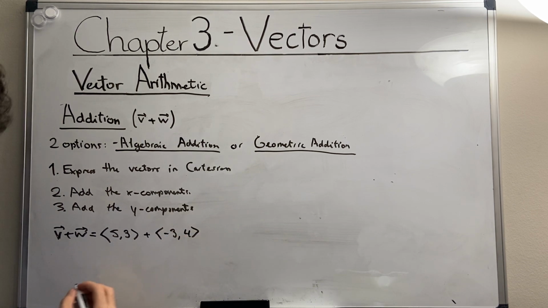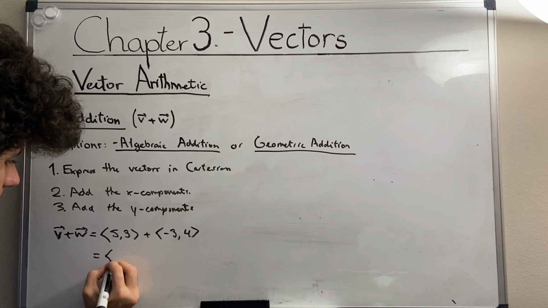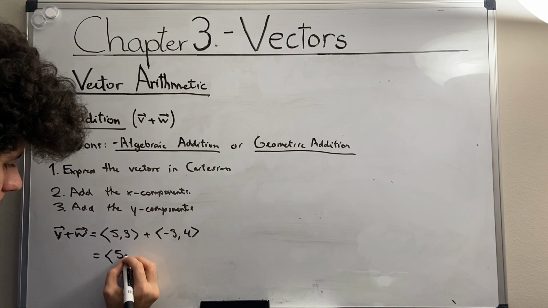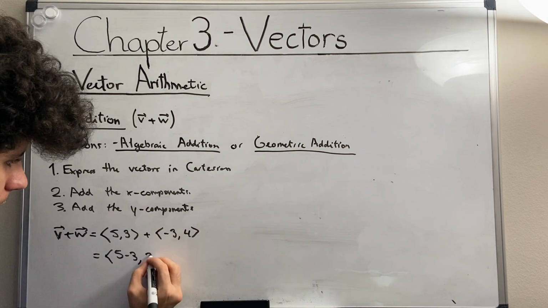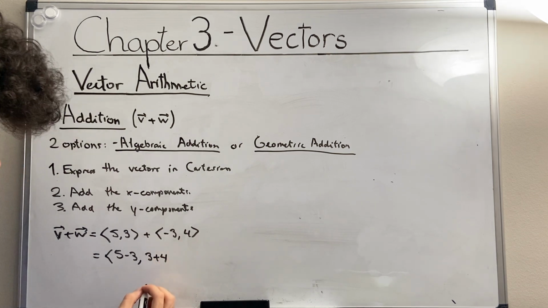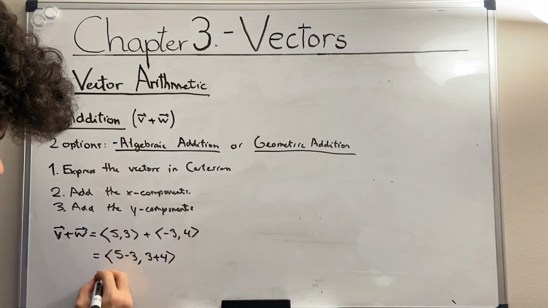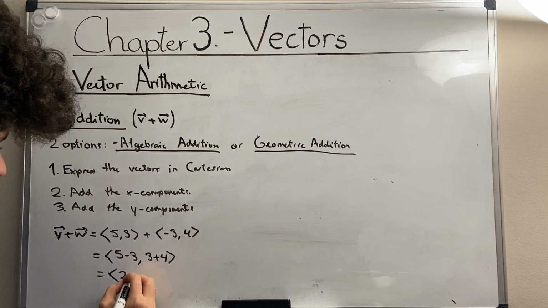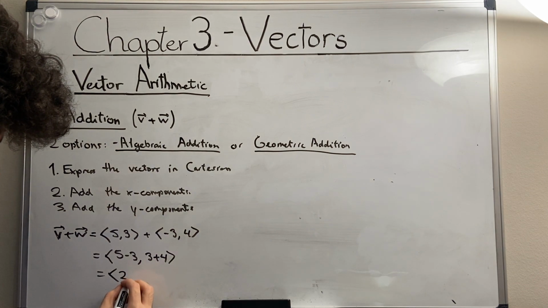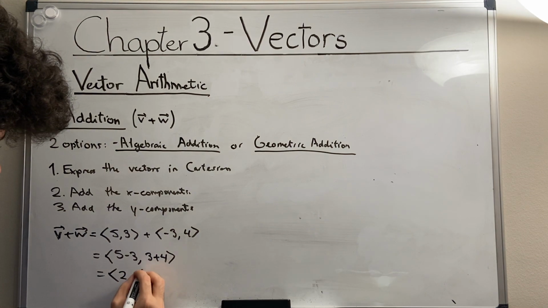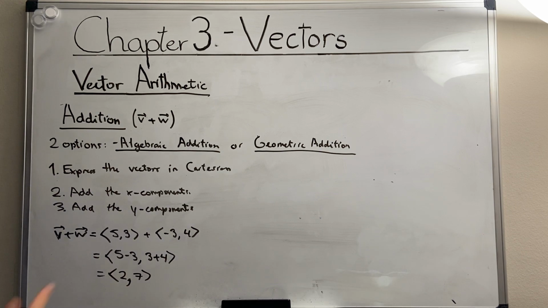Well, then you're basically adding the x components and the y components, which would give you (2, 7). Okay, and that's pretty much it.